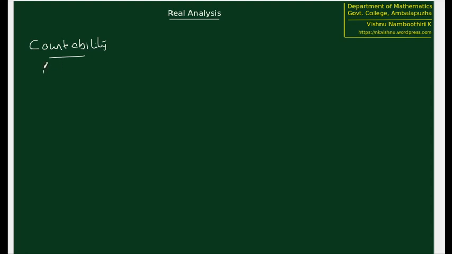That is, a set A is countable if N and A have the same cardinality.